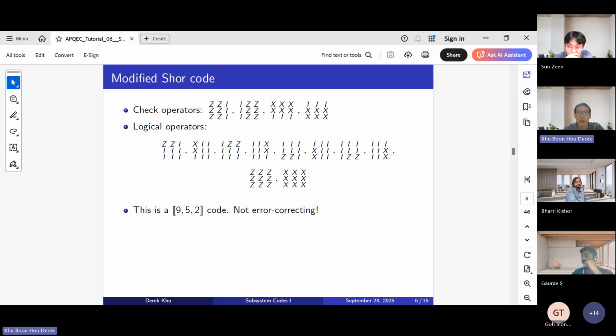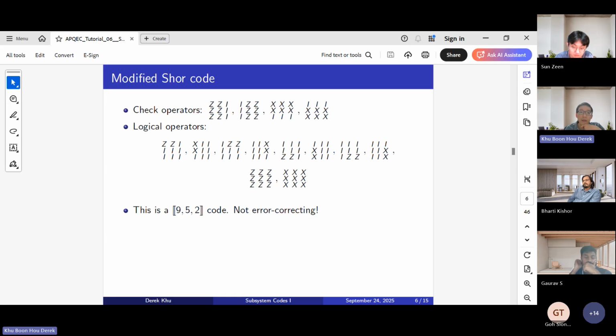It would change the logical information in the code, so it would be considered an error if it was not an intentional operation being applied to the code. You could check that this is the smallest possible: if you try multiplying any of these logical operators with these check operators up here, you would always get at least 2 of the 9 qubits being not the identity.